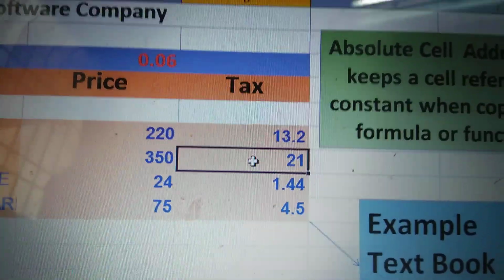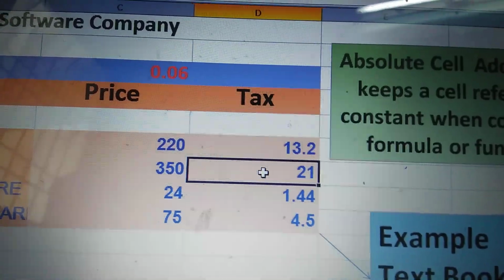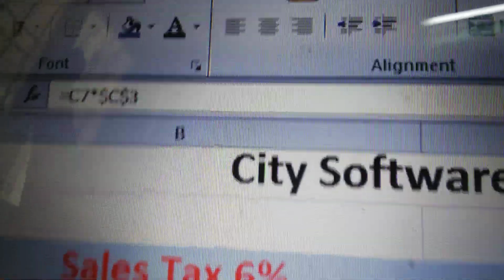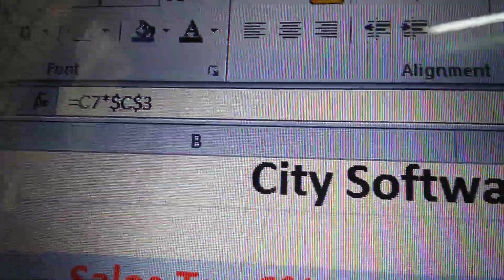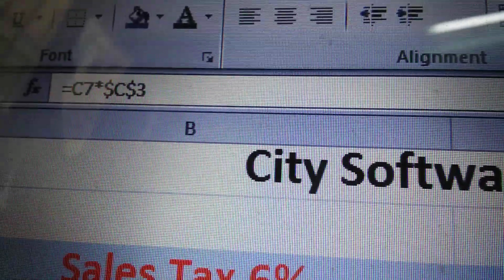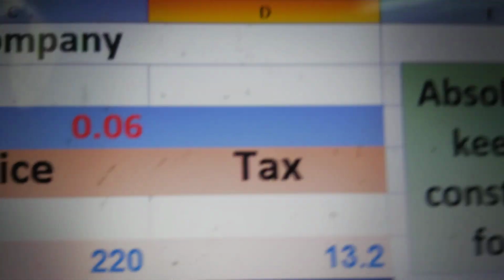This 21 is generated by a certain formula, and this formula can be seen in the formula bar, that is C7 asterisk $C$3. $C$3 remains the same because it contains the value of the tax.